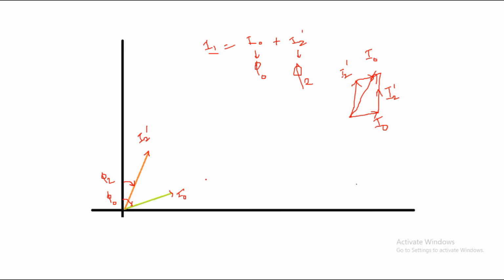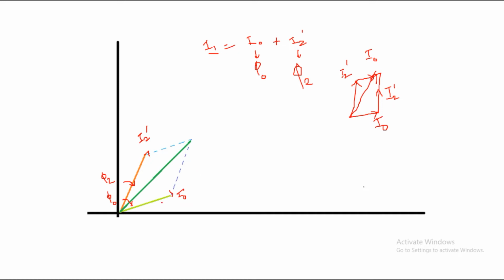So here we just apply the parallelogram law. We consider this as I2 dash and this as I0, and this green line is the resultant vector I1.